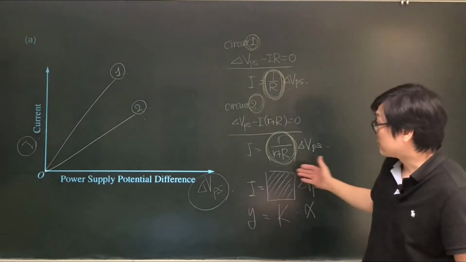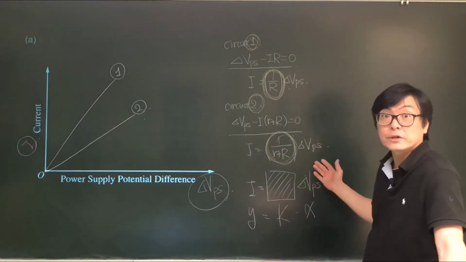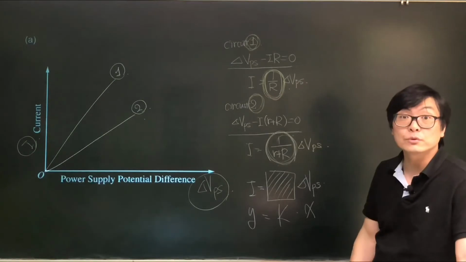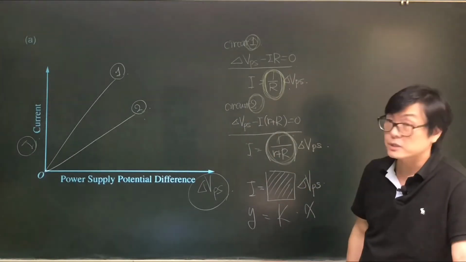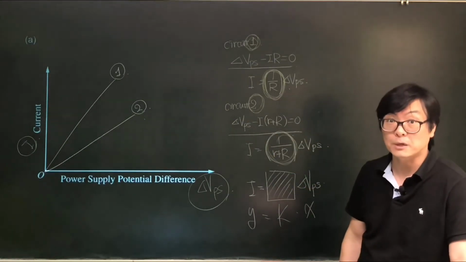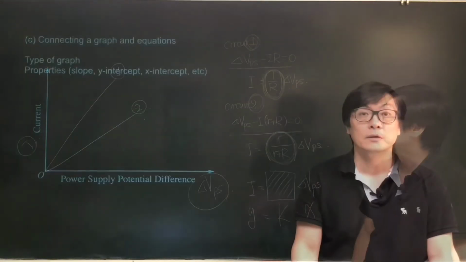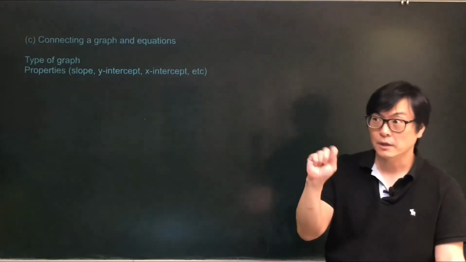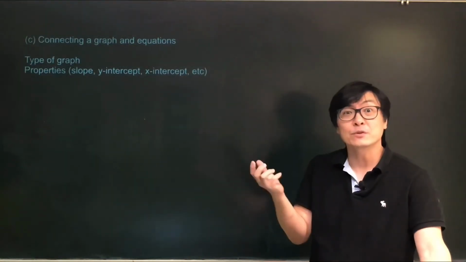Since we found the mathematical expression first, it's very easy to draw the graph and finish the answer for the qualitative analysis part. Now, we need to connect A and B, but it becomes so easy, right?